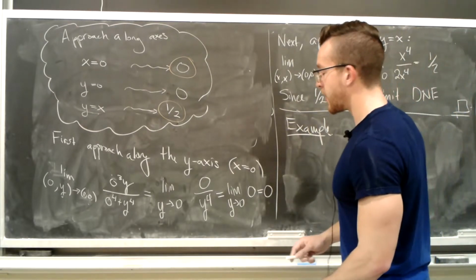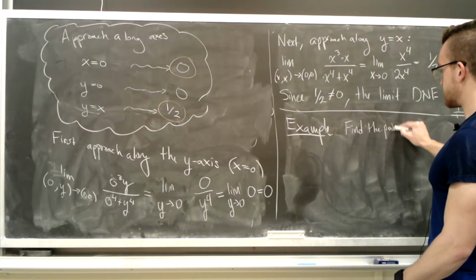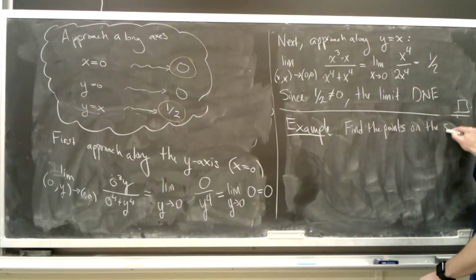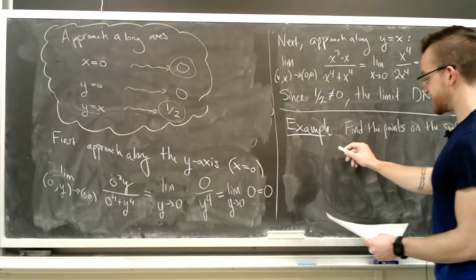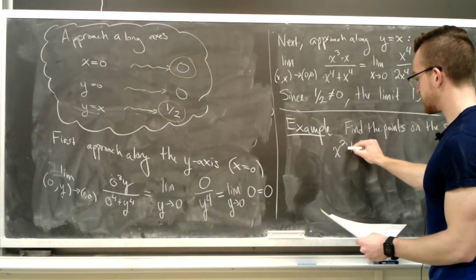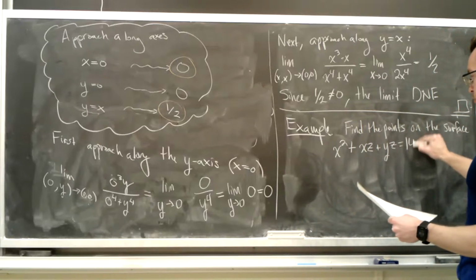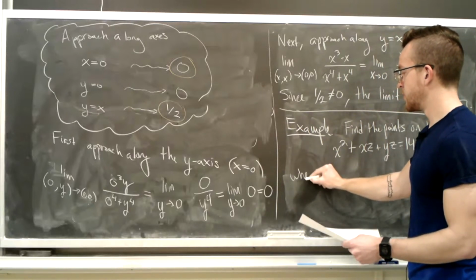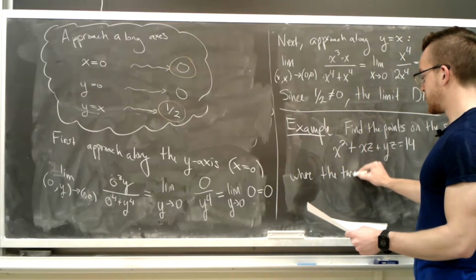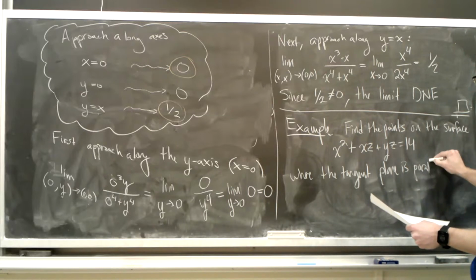Find the points on the surface given by the equation x squared plus xz plus yz equals 14, where the tangent plane to this is parallel to some other plane that I'll give you.